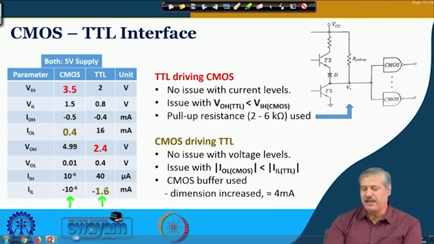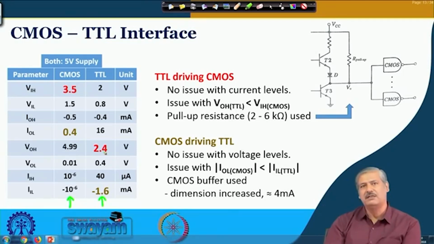So, when TTL drives CMOS, when you compare you will find that there is no issue with the current level, because CMOS requires very little current, of the order of picoamperes, and voltage levels are also fine, except only one case, the VOH of TTL, right, which is of the order of say 2.6 volt.